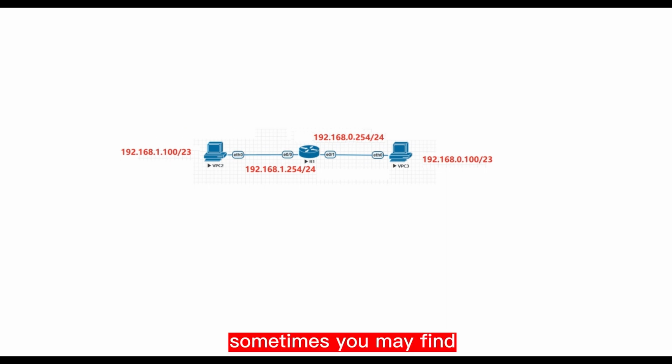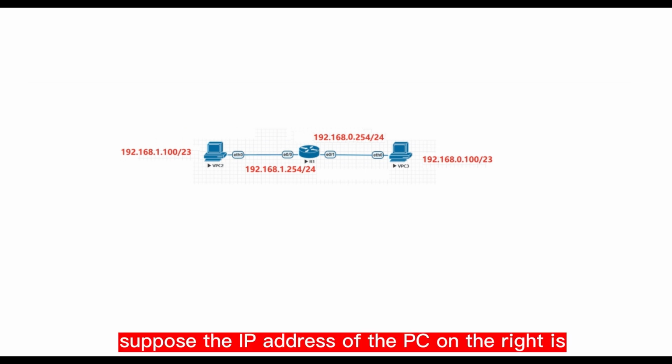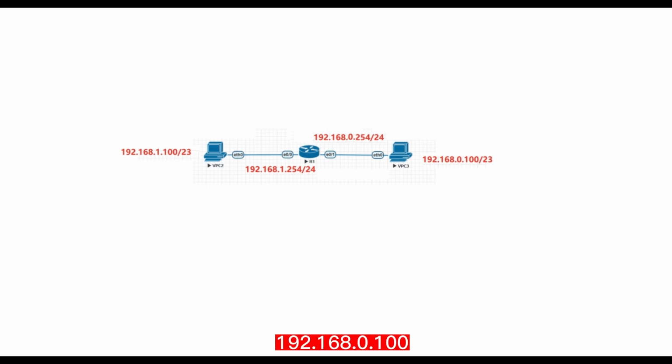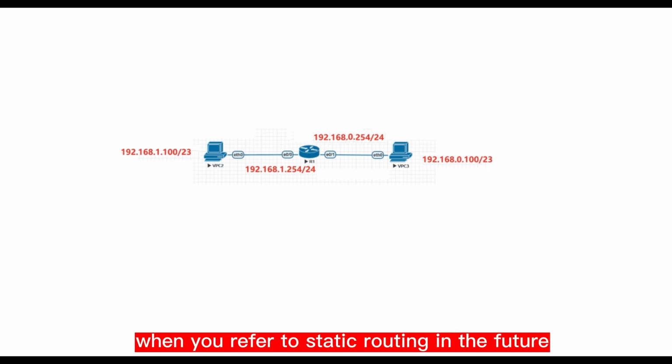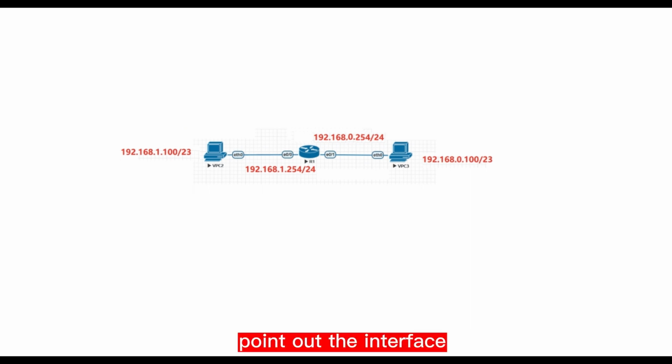Sometimes you may find you forgot some configuration, for example, if you forgot to configure the gateway. Suppose the IP address of the PC on the right is 192.168.0.100, with a 23-bit mask.